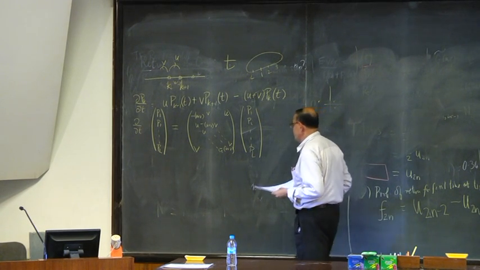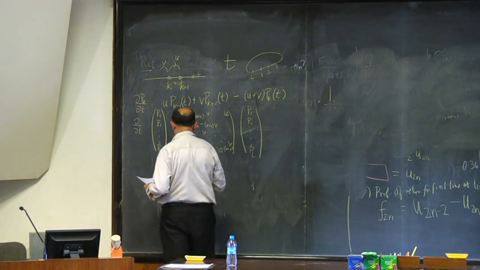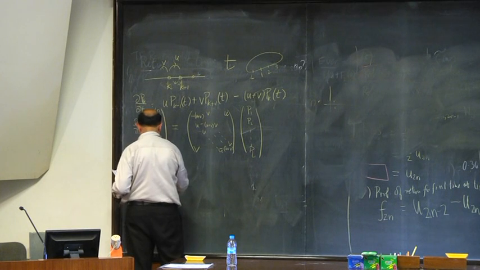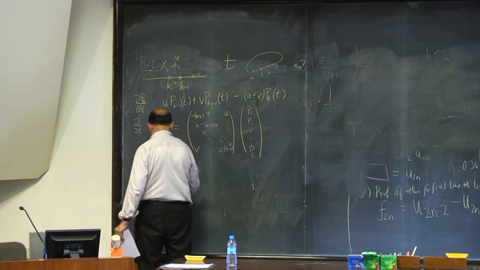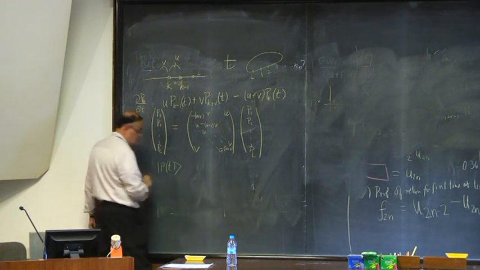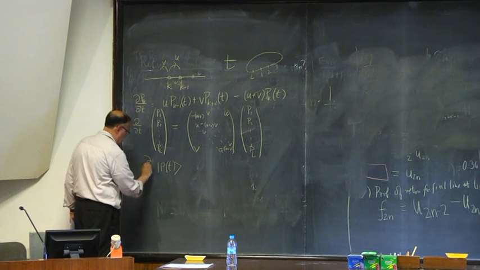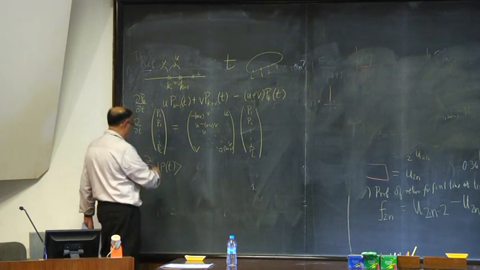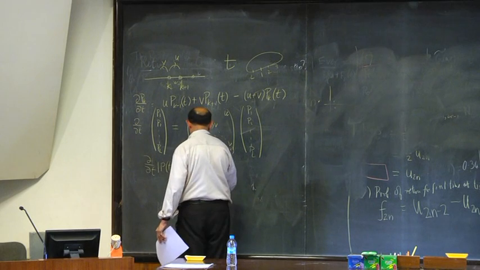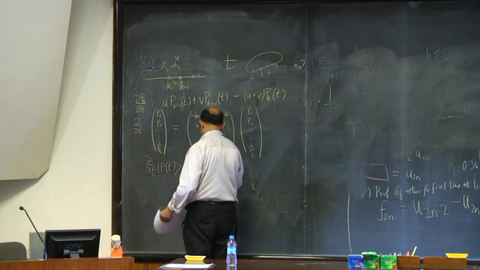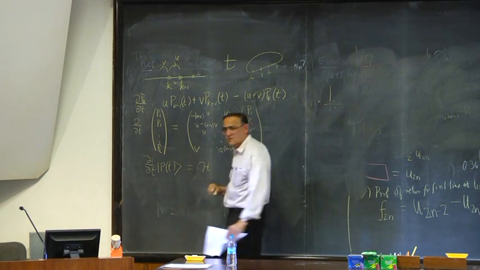All right, so in some matrix notation, we have some vector p. I'll denote it like this: d by dt of that is equal to some matrix, let me call it H, as good a name as any.